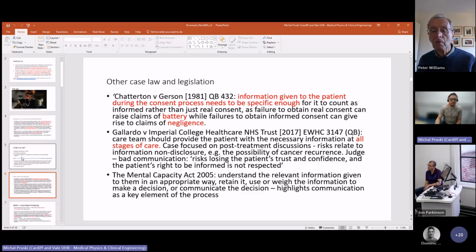So there's the Chatterton case, and that largely talks about having to give patients specific enough information for it to count as informed rather than just real consent. And this is important because failure to obtain real consent can raise claims of battery, whereas failure to gain informed consent can raise claims of negligence.